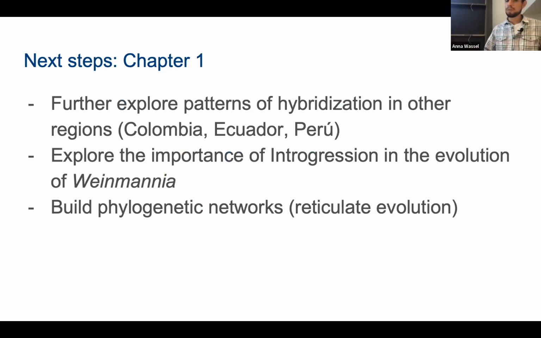So the next steps to make progress in this chapter will be to further explore patterns of hybridization in other regions, such as Colombia, Ecuador, Peru, but also explore the importance of introgression in the evolution of Weinmannia and build phylogenetic networks that will allow us to capture the reticulate evolution of the group, basically.